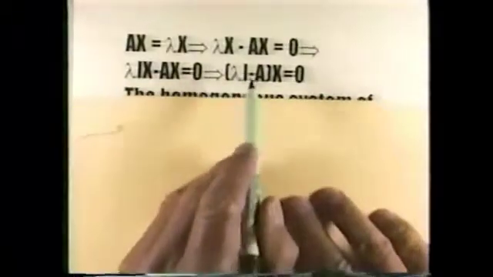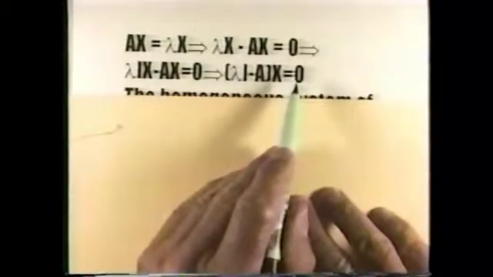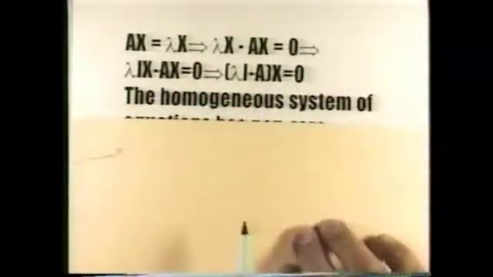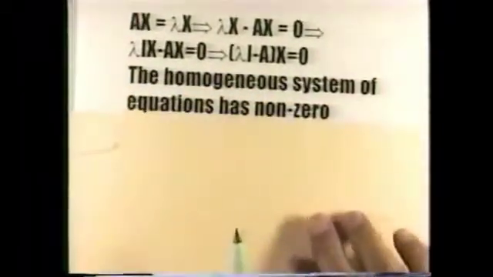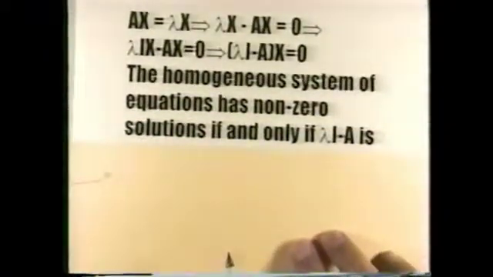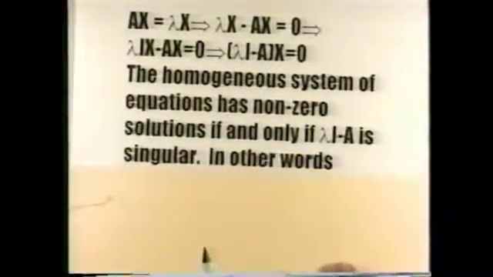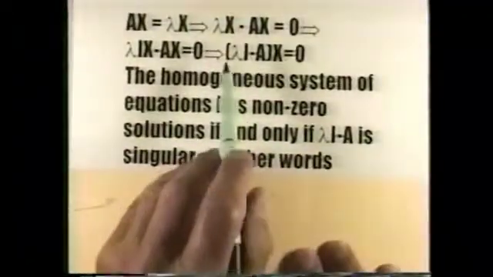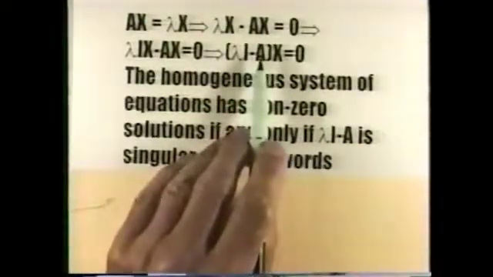Now, we have a homogeneous system of equations. The homogeneous system of equations has non-zero solutions if and only if lambda I minus A is singular. So if lambda I minus A is not singular, then this system of equations will have a unique solution set.